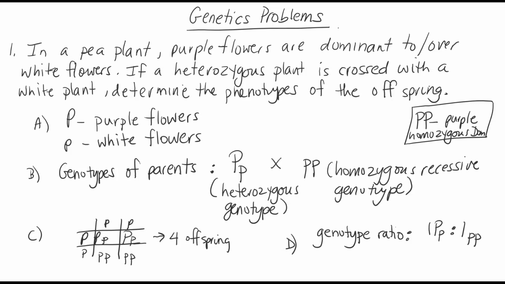You can see that there's 2 big P small p's to 2 small p's, but we can just reduce those 2's to 1. So it's a 1-to-1 ratio.